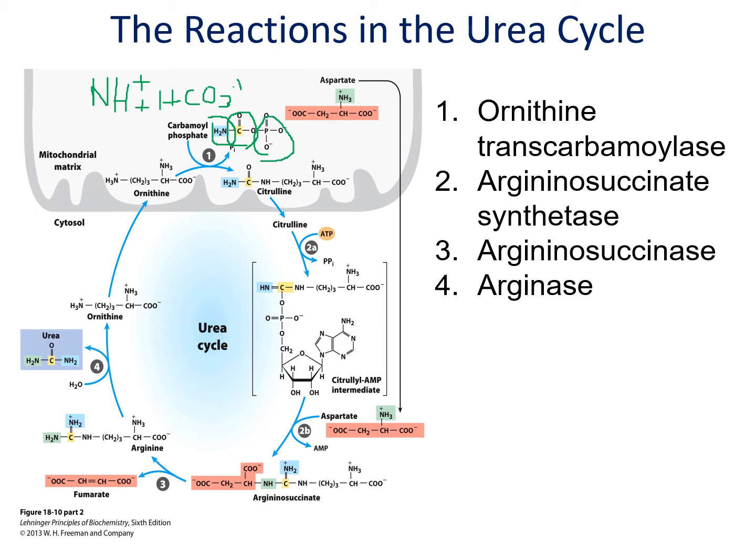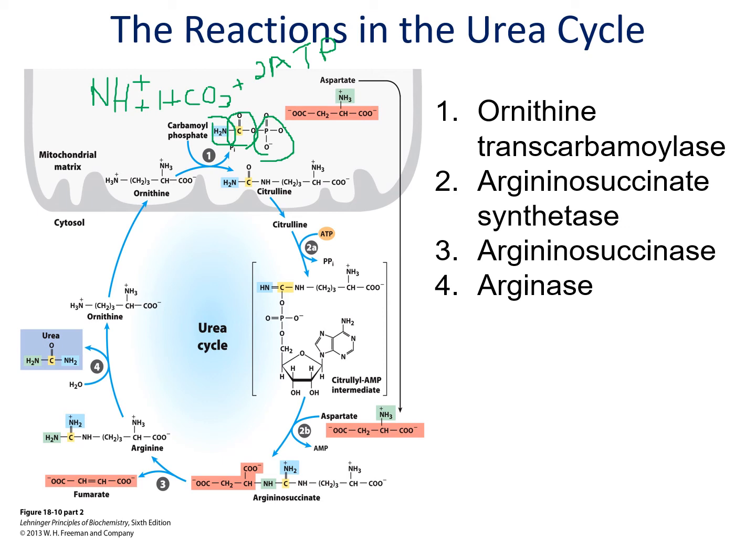That phosphate comes from 2 ATPs. The mechanism of that you don't need to know, but just know that we need energy to actually get rid of this ammonia, and that's going to come in this step. We're adding 2 ATPs. One of the ATPs is going to donate a phosphate group to this carbamyl phosphate, and the other ATP is just for energy. So we created a carbamyl phosphate from a synthetase, carbamyl phosphate synthetase, which you don't need to know the name of.